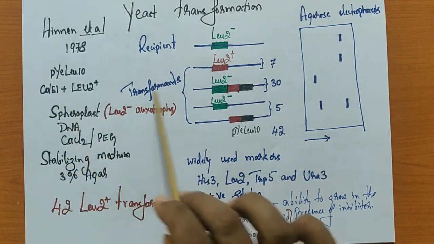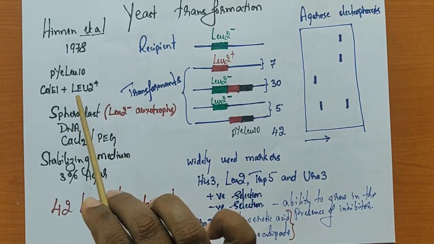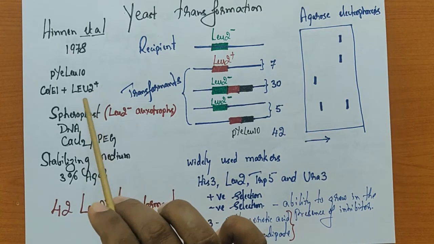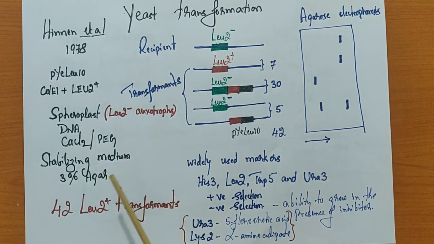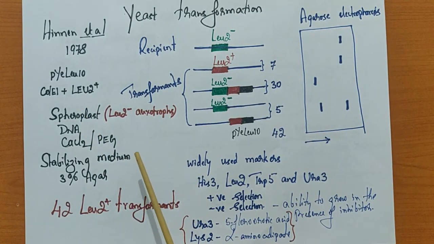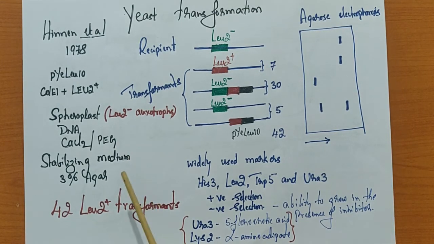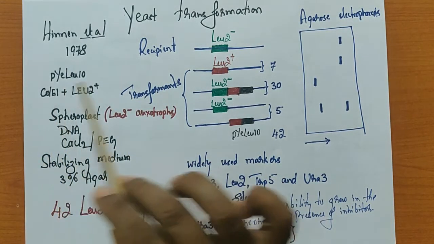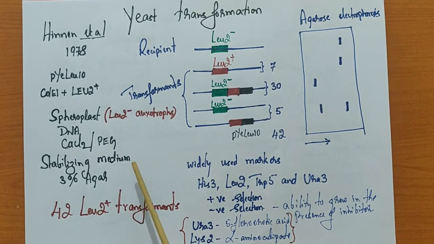If this auxotroph is replaced with a functional LEU plus gene, then it should survive in a medium that does not contain leucine. I think you have understood this process.